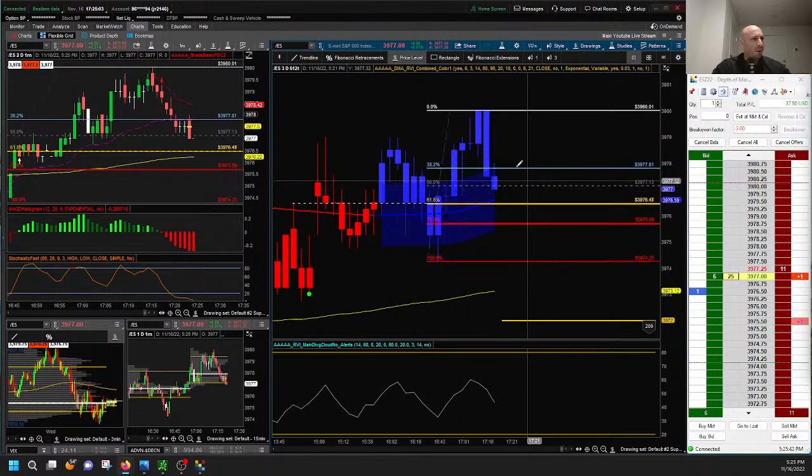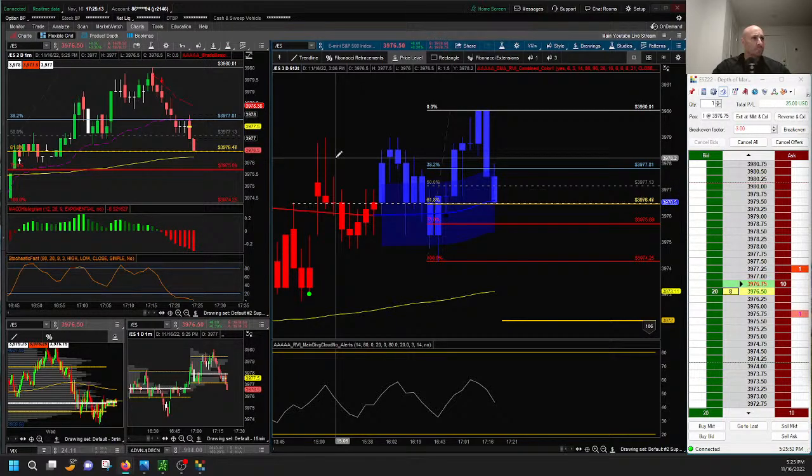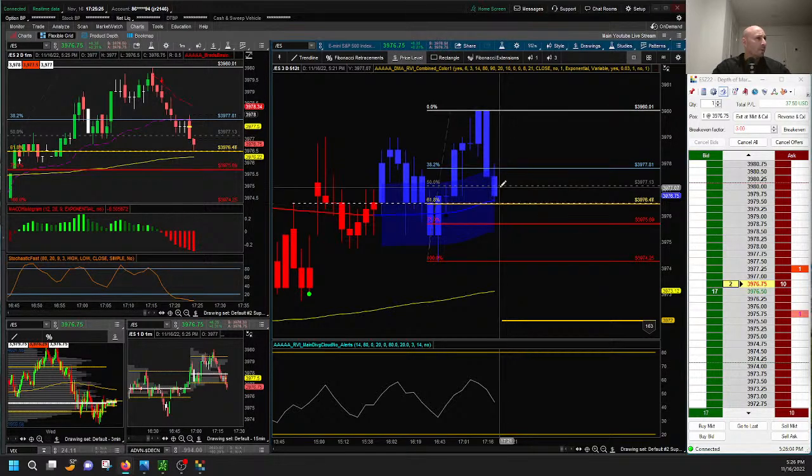So sometimes just watching price action, watching what price does, will tell a lot. So there's a push lower, right? Now, if we could just get the bounce right back up.